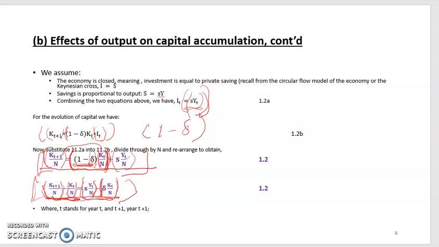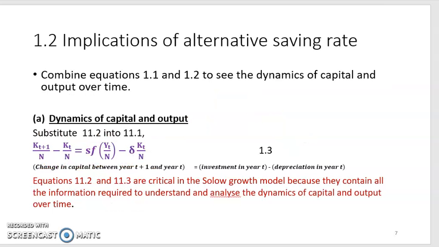And from the savings side, we have seen from equation 11.2, this one, how output in turn determines capital accumulation. So what we're going to do now is put the two relations together and see how they determine the behavior of output and capital over time. So that's what we do next. So we combine equation 11.1 and equation 11.2 to see the dynamics of capital and output over time.